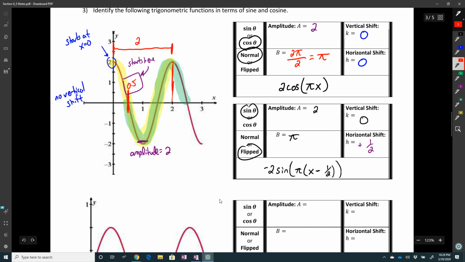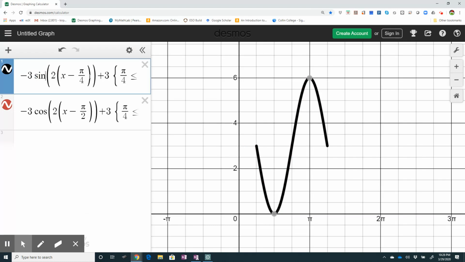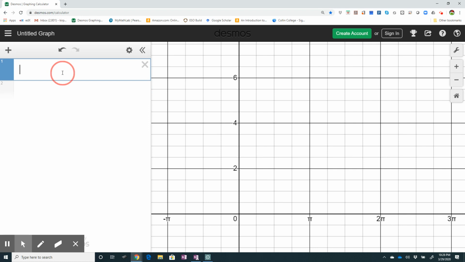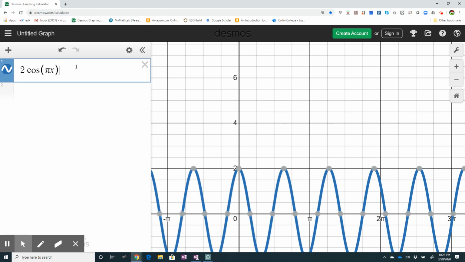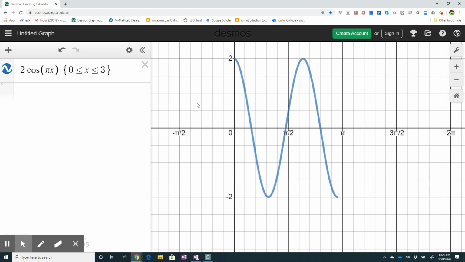So just to show you that it's the right thing, let's go ahead and go to Desmos. And we have 2 cosine of pi x, and that's from 0 to 3. So that's our picture.